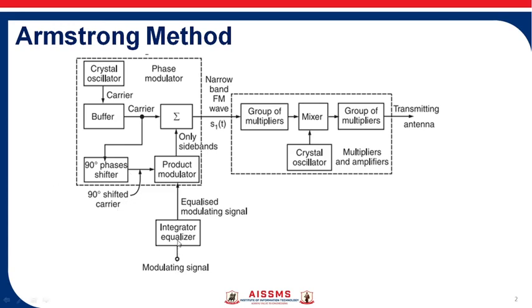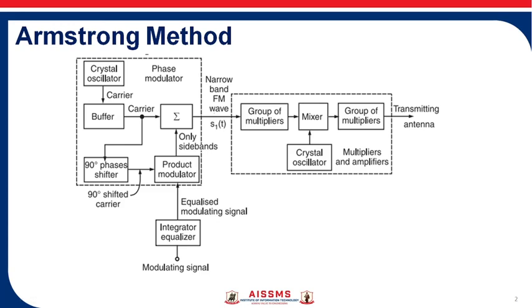So when the modulating signal is applied through the equalizer, it passes only the low frequencies. So higher frequencies of the modulating signal get attenuated, and the signal generated at the output of this modulator only responds to the variation in the amplitude of the modulating signal.